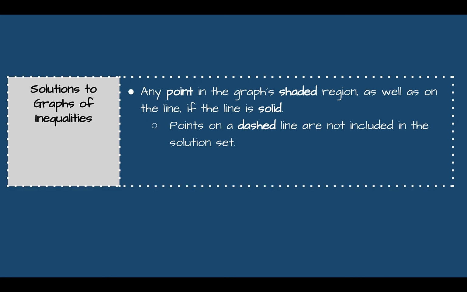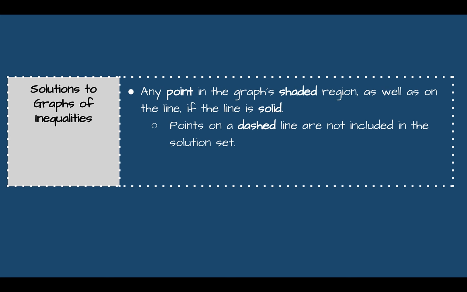After we've done all of our graphing, so we graphed our line, we shaded it in the correct spot, then we need to determine if coordinates can be solutions. So a solution to what we graphed is any point that happens to fall in the shaded region, or it can be on a solid line.